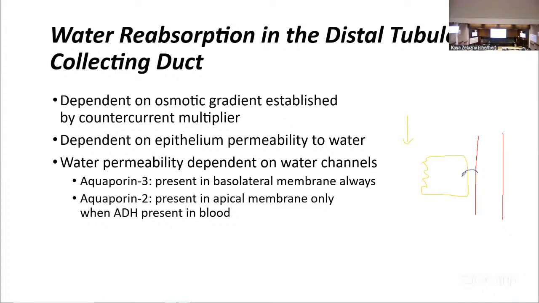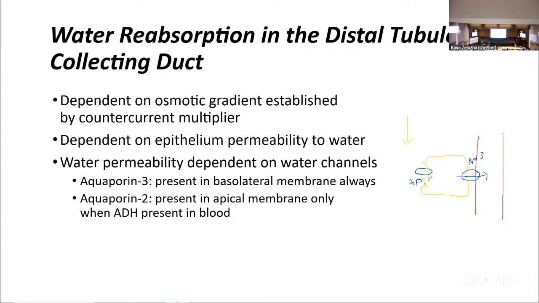Aquaporin 3 is on the basolateral membrane, so this is always present. So if you can get water into this cell, it's always going to be able to move from the cell into the blood. What we're going to be turning on and off is the aquaporin 2 that's on the apical membrane.